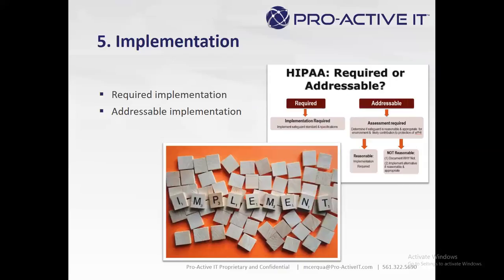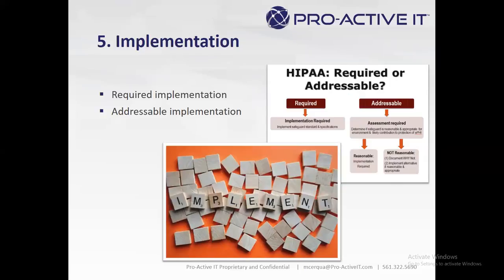Now, required implementation specification standards must be complied with. Very simple to understand. Addressable is a little more gray. This says that the organization must perform an assessment to determine whether the specification is reasonable or appropriate.